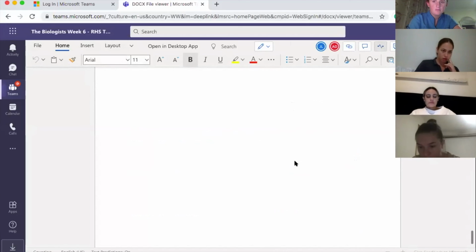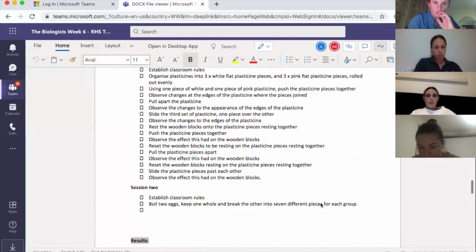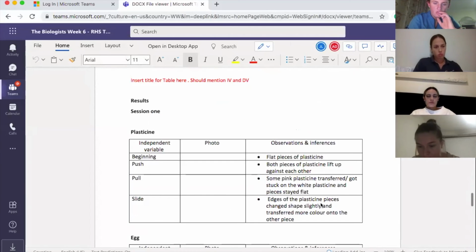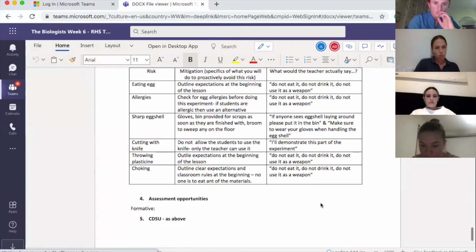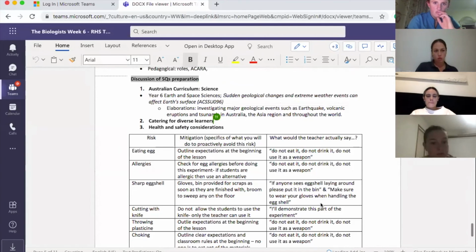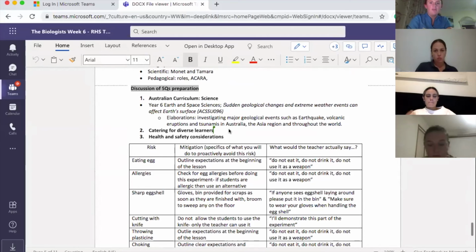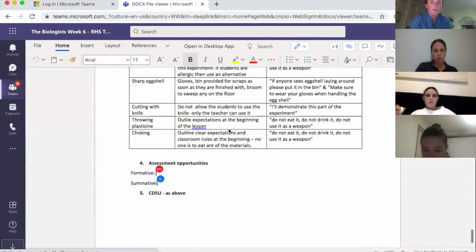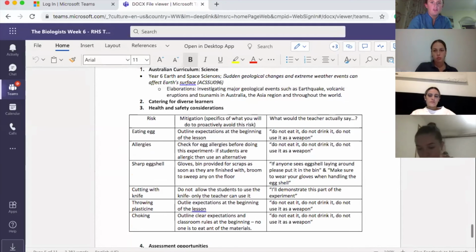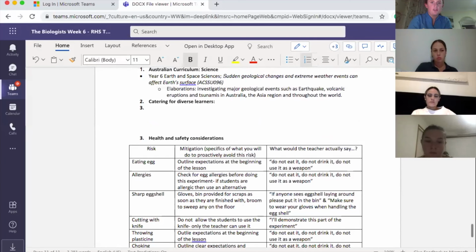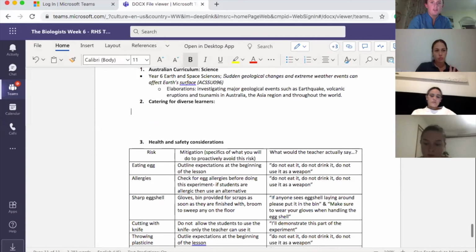We kind of discussed, but not really, how we would make our way from the initial lesson to the assessment. We also discussed catering for diverse learners at the beginning, when we talked about providing more scaffolding to the younger years and more independence in the older years.